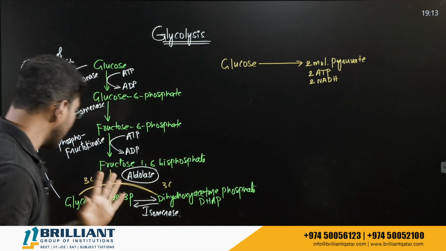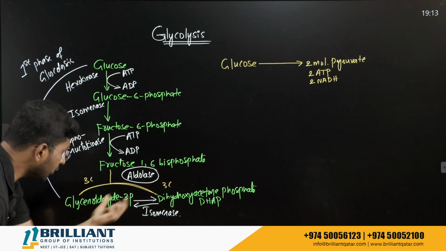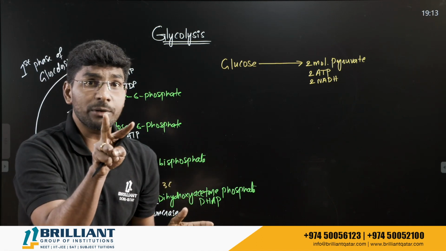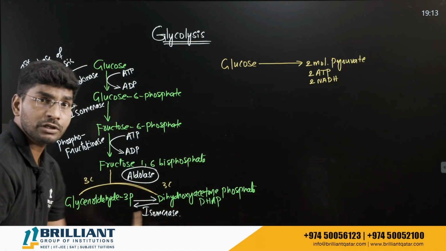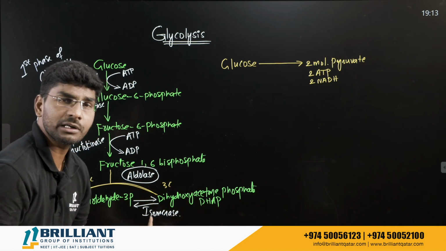Am I clear? Now the next reactions. Everyone keep in mind, I told you there are two 3 carbon compounds, glyceraldehyde 3-phosphate and dihydroxyacetone phosphate. They both are isomers and interconvertible.